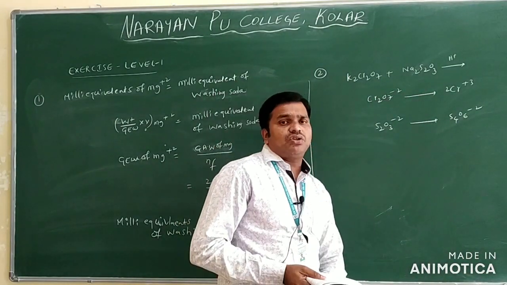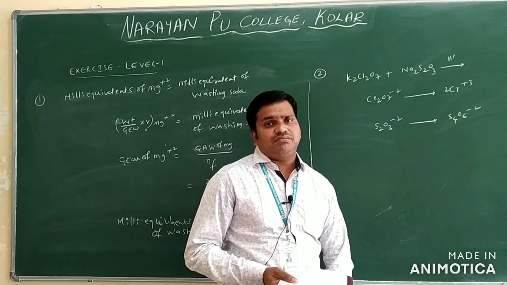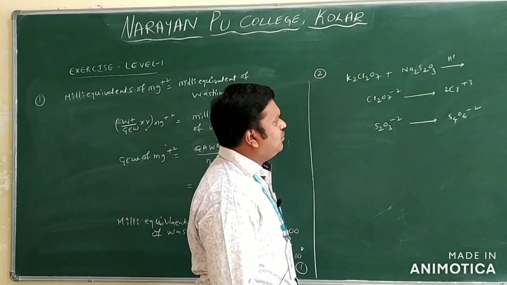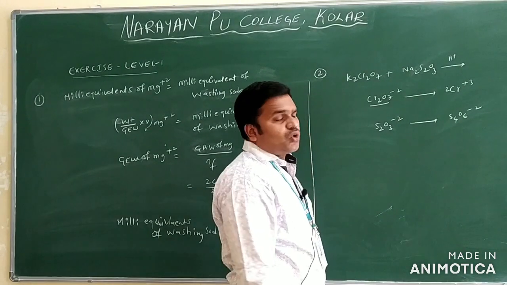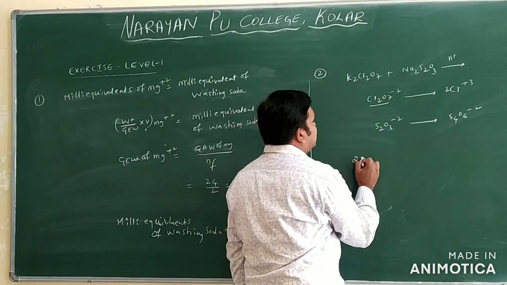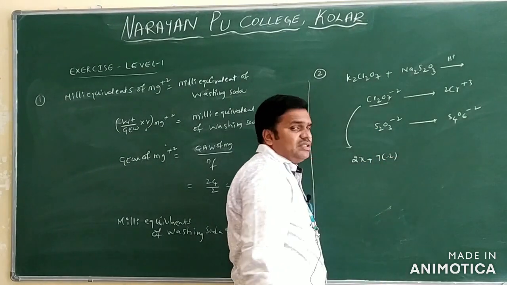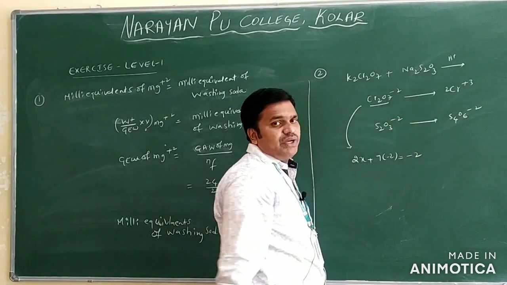Here we have to find the oxidation number of each element. You will learn about oxidation numbers in the coming days; I am just explaining how. Suppose you want to find the oxidation number of chromium. There are 2 chromiums, that is 2x, plus 7 into the oxidation number of oxygen, minus 2, equal to the charge of the compound, which is minus 2.